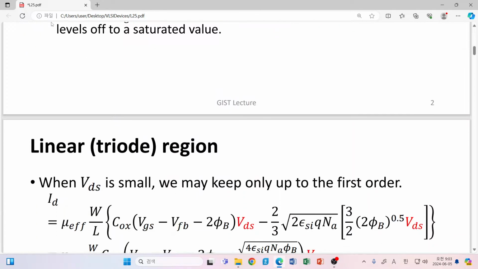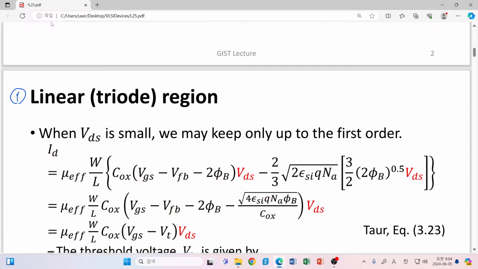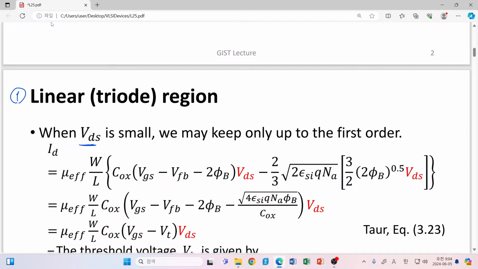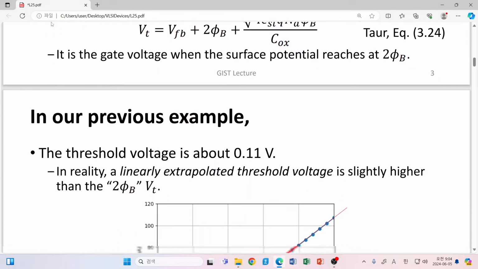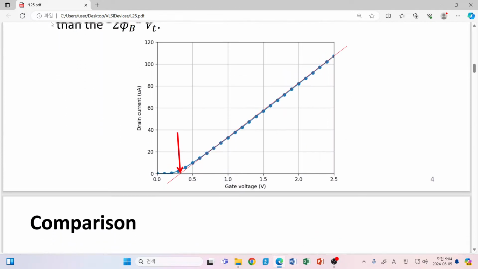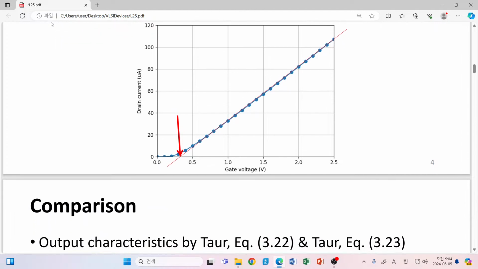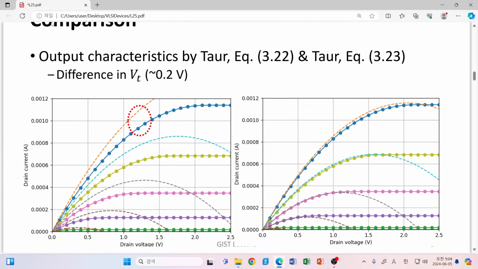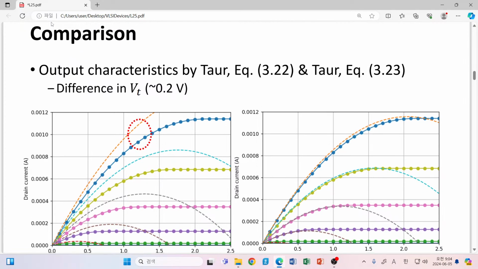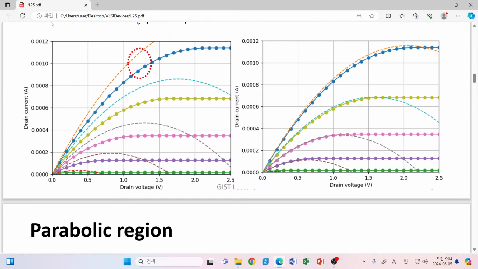for example, in the previous lecture we have made a region approximation. Yes, in this linear or triode region, we can consider just small VDS values by definition, and in this case we can make a Taylor expansion only up to first order. So that was the case, and you can see that the IV characteristics we can calculate out of our simplified expressions is a little bit off from the more rigorous one.